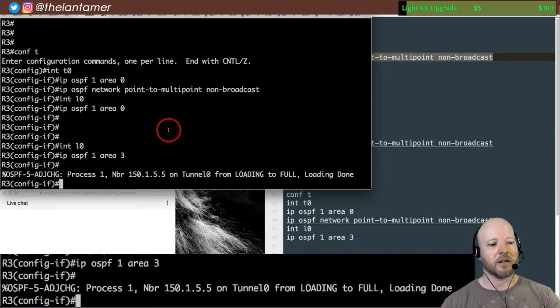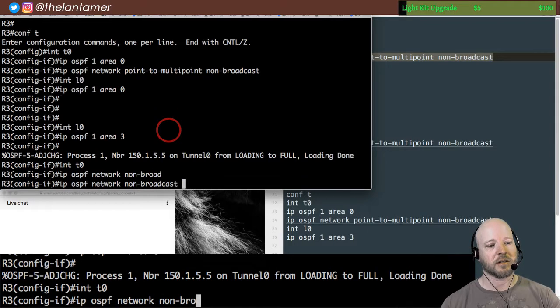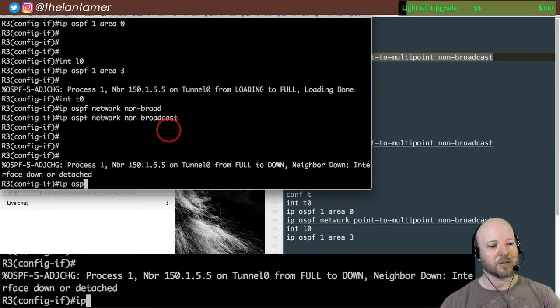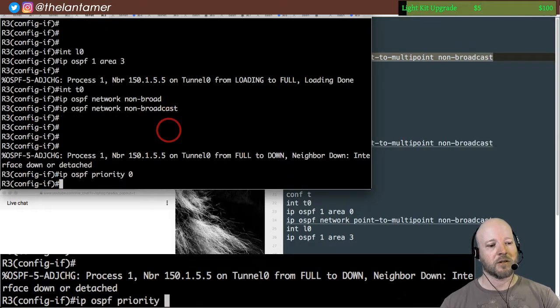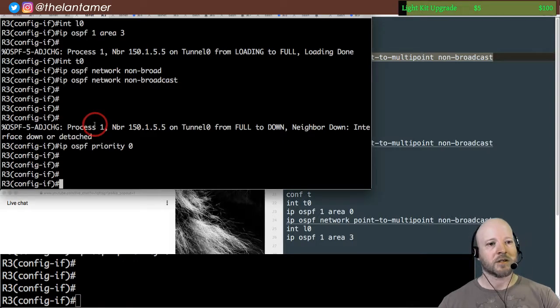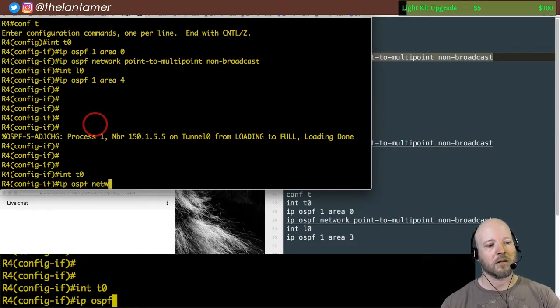Router 3, IP OSPF network non-broadcast. IP OSPF priority 0. Next, router 4. Network non-broadcast. We looked at these.